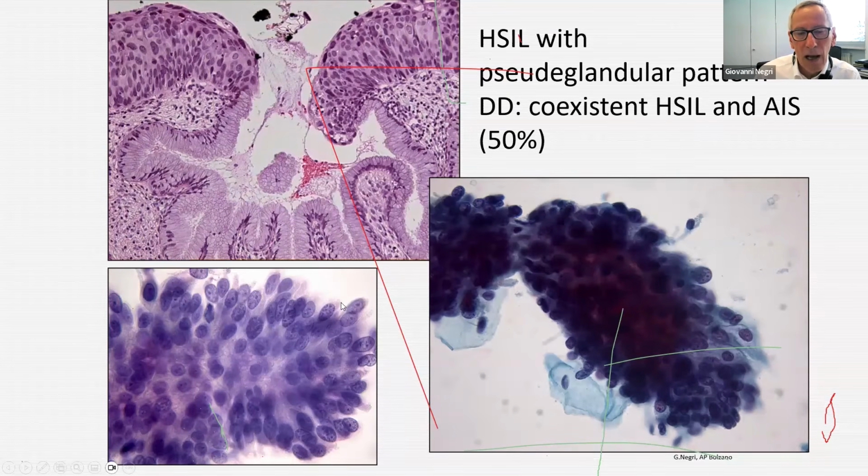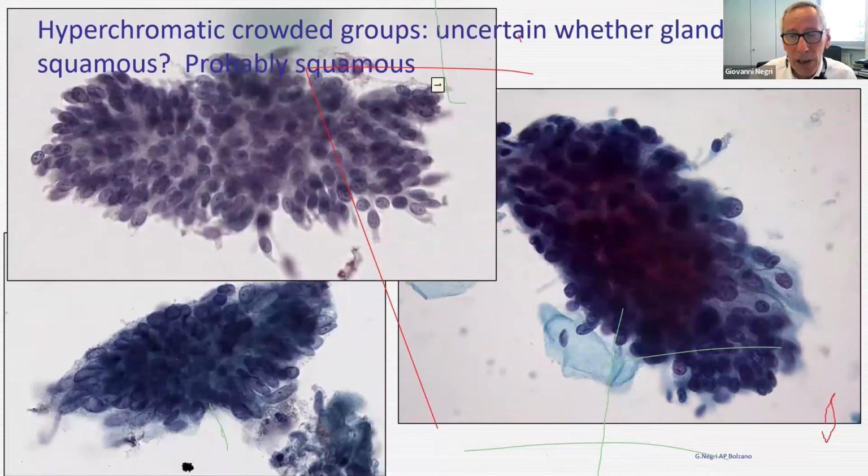You do not see feathering, you do not see nuclear palisade at the periphery of the sheet. So it may be helpful in the differential diagnosis, but actually the differential diagnosis between in situ glandular lesions and HSIL is a question of the first 5 seconds.